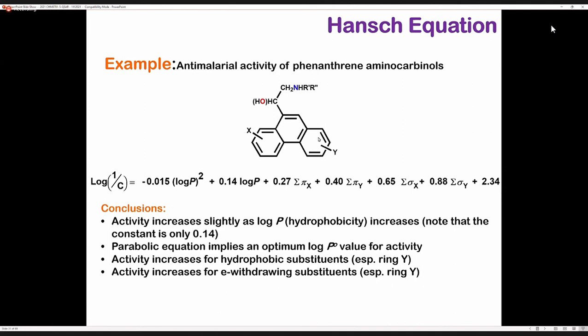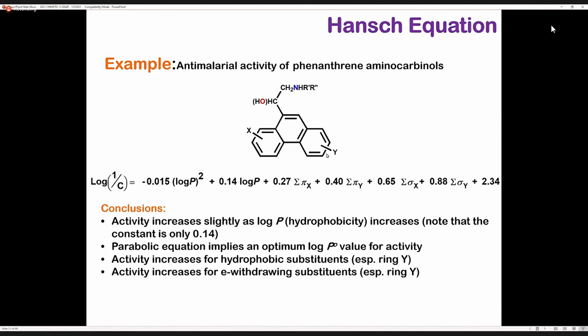Okay. So basically ring Y, your compound at ring Y, if you want to improve the phenytoin, add hydrophobic and electron withdrawing substituent at ring Y, right? You can attach here to improve its anti-malarial activity. Right? That's basically what the QSAR model tells us, right?